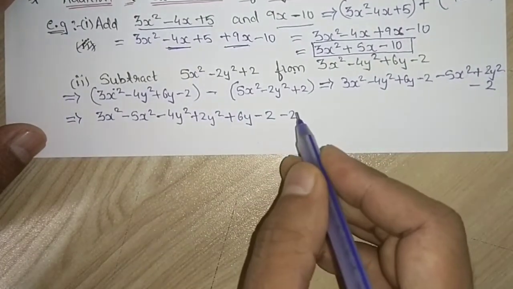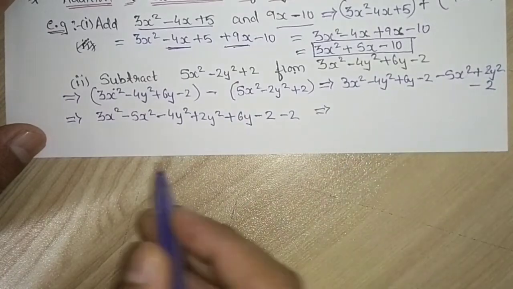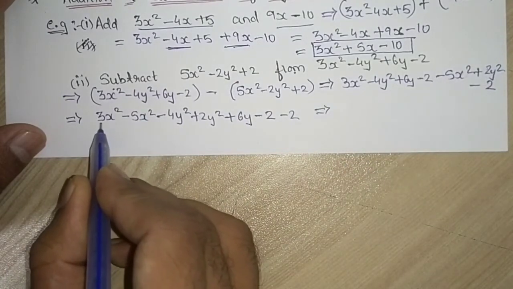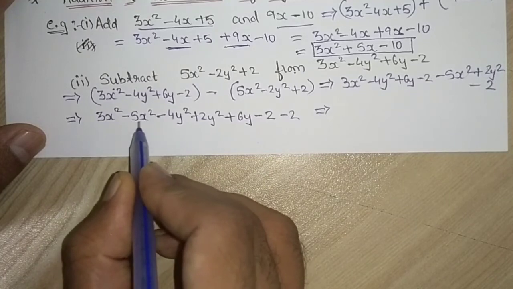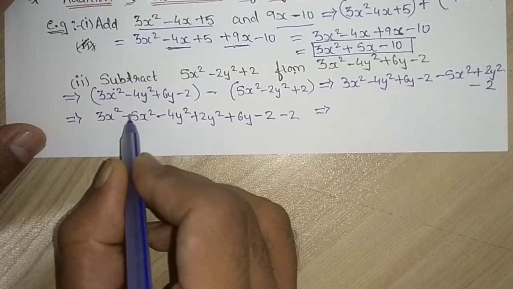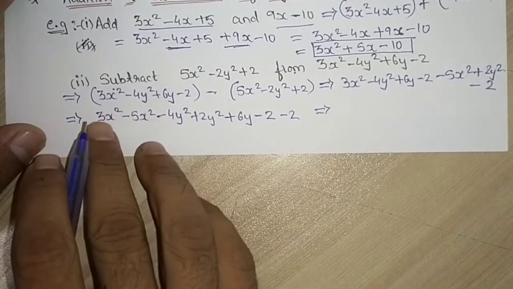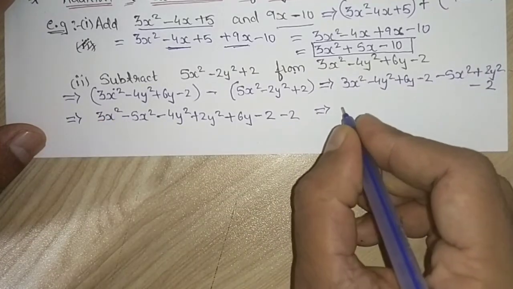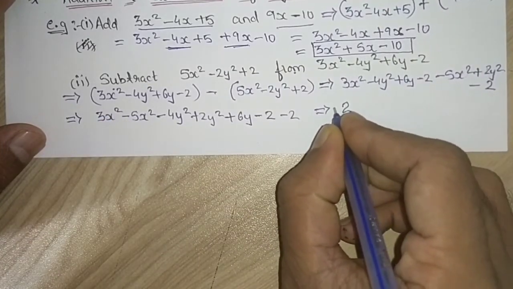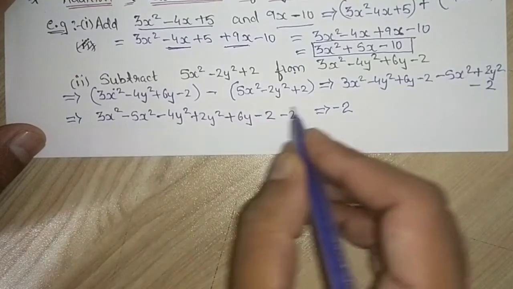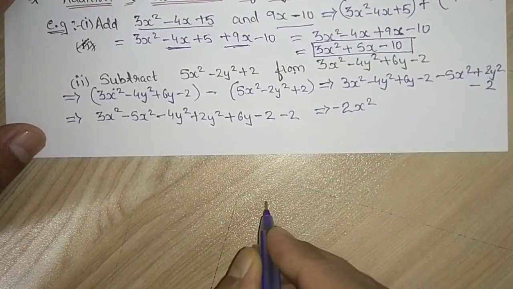Now add these terms, that is plus 3x square and minus 5x square. Definitely the minus sign is greater, so we will subtract and we will get 2, but it is minus, so minus 2x square.